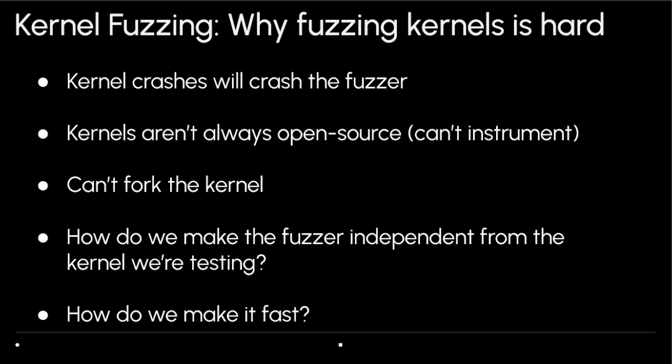So now we get into why fuzzing the kernel is hard. First, when the fuzzer is trying to fuzz its own kernel that's running on the same machine, when it finds a crash, it breaks everything. Because there's nothing below the kernel to catch the crash, you lose the state in your fuzzer, and you have to fully reboot. And second, kernels aren't always open source, so you lose that instrumentation that we talked about earlier.